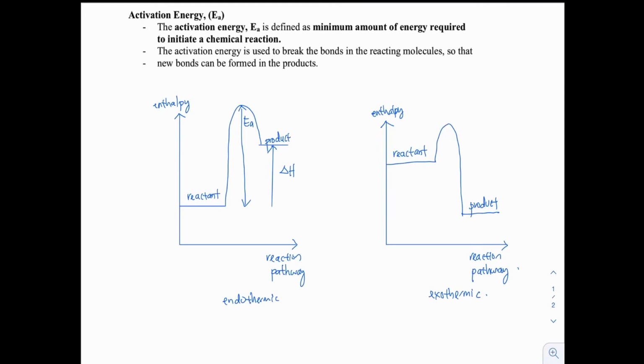So therefore, this to this is the activation energy. And the difference in enthalpy between the reactant and the product is known as enthalpy change. So from here to here, we call it an enthalpy change.